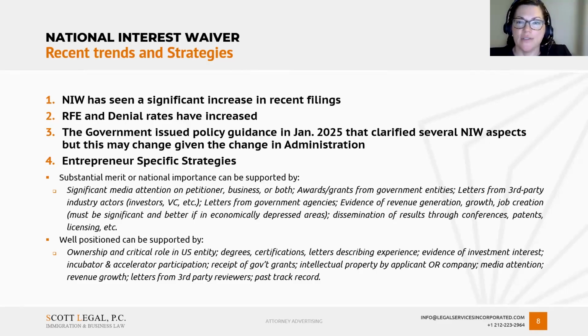Also awards, grants from government entities, letters from third-party industry actors like your investors, letters from government agencies, and evidence of revenue generation, growth, and job creation, which again needs to be significant. If you can show dissemination of results through conferences, patents, licensing, that sort of thing, that can really show that you have that substantial merit or national importance.